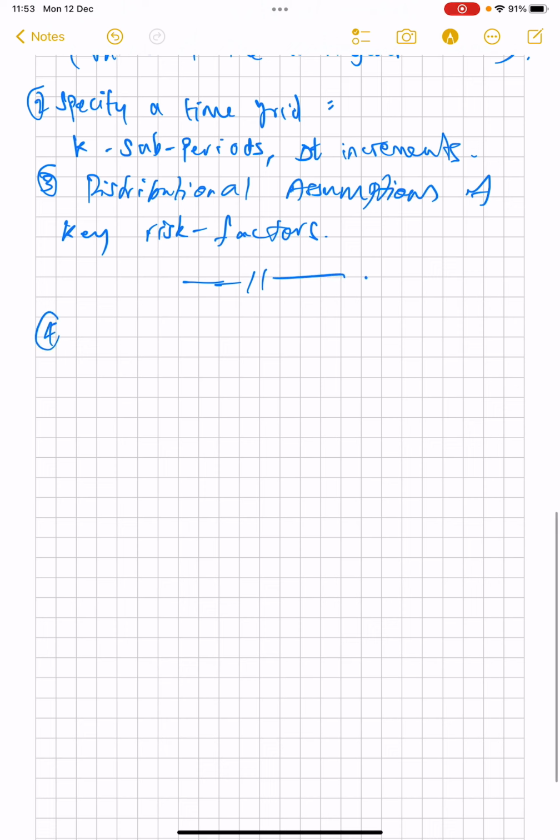Now, for running the simulation over the specified number of trials, we reach step 4.